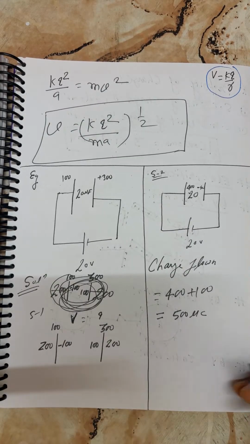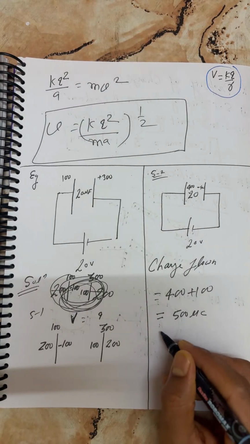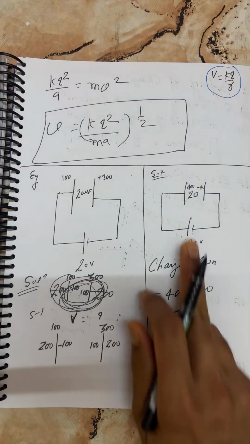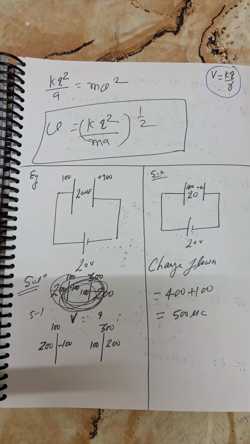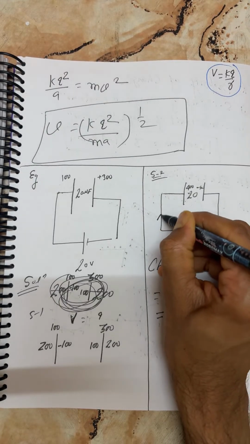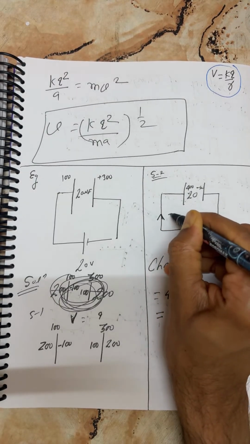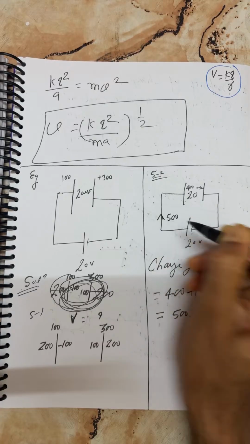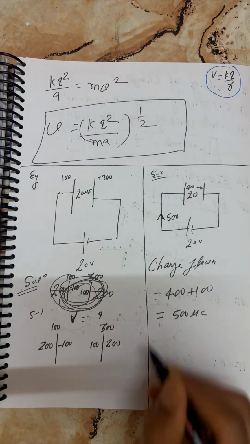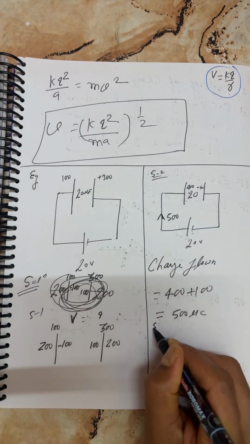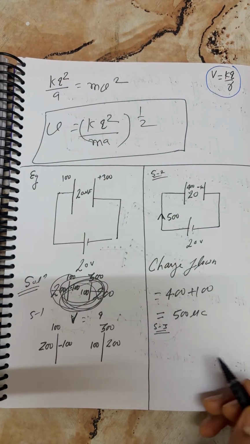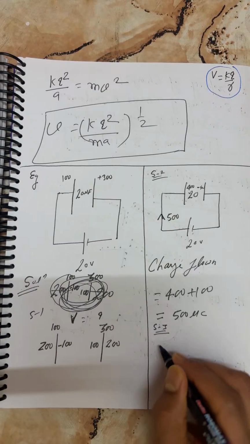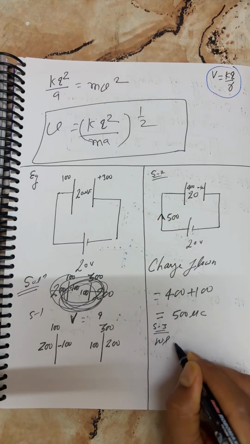Now we got the charge flown, which means the charge is increasing here. So we are supplying charge. How much charge are we supplying? 500. So in step 3, first we have to find the work done. What is the work done here?